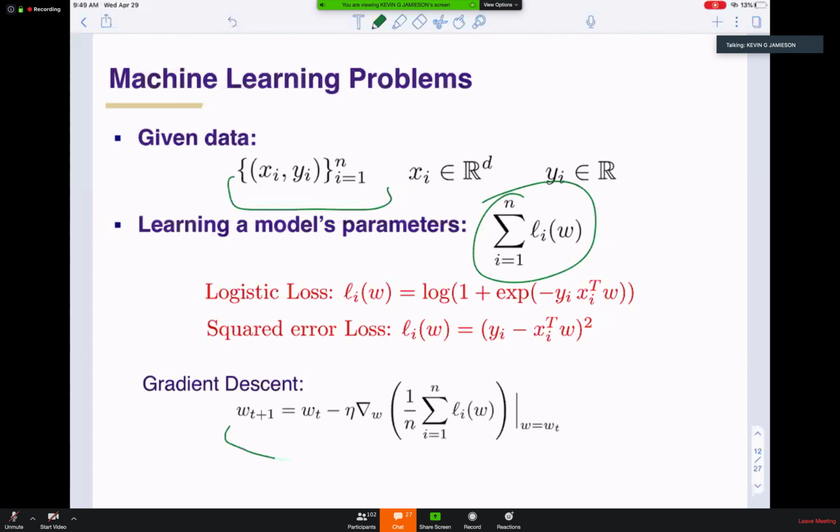And then for our gradient descent, we define the loss function as the sum of all these losses. If each loss L_i is convex, then the sum of all the losses is convex. The gradient of this is just the gradient of this guy, and the update is W_{t+1} = W_t minus eta times grad W. The gradient can come inside.